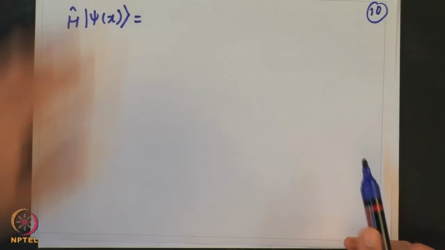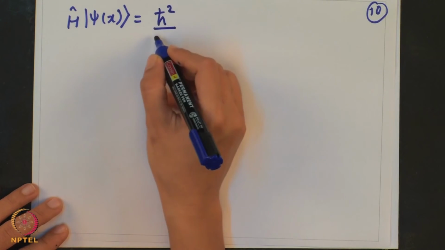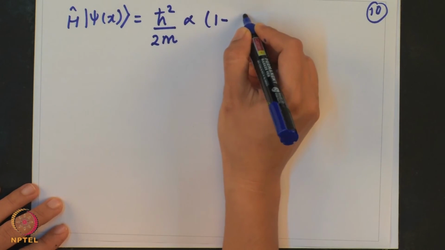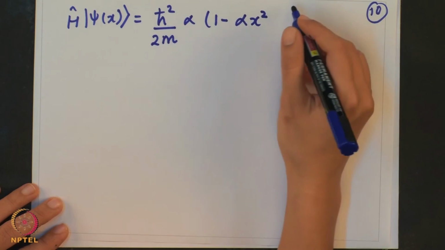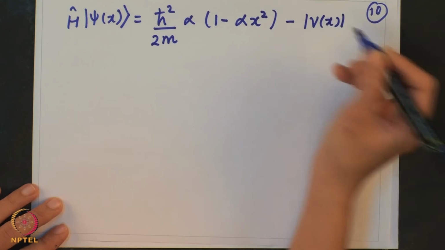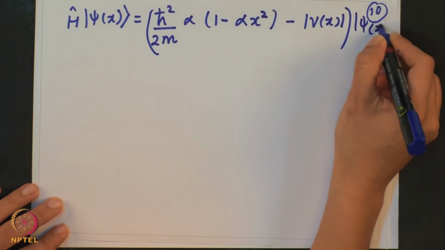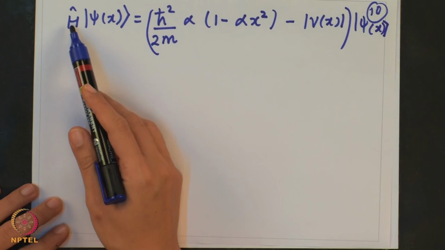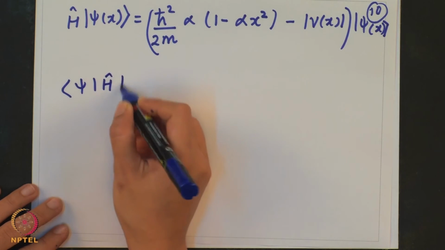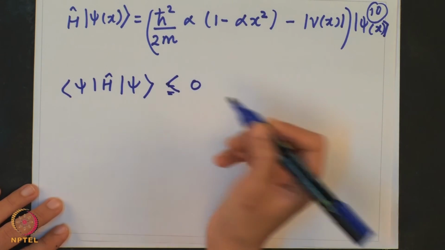So, I will skip the in between step for you to try out; what you obtain is 1 minus alpha x square, minus V of x, and I rewrite in terms of psi of x. We have to argue that this is less than 0.